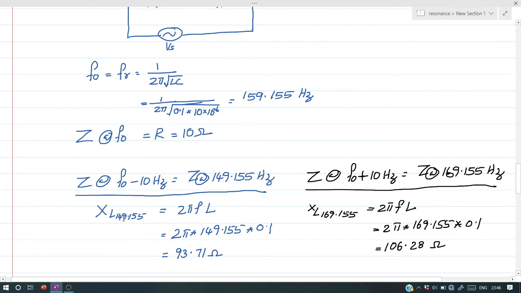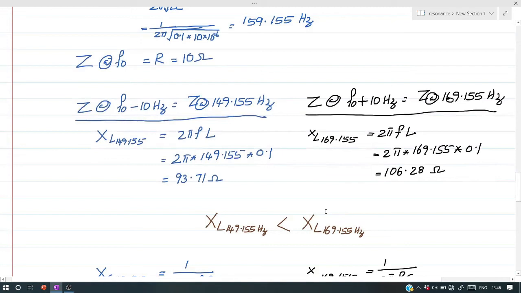And the corresponding value just after resonance frequency, at 169.155 Hertz, is 106.28 ohm. From here, it can be seen that inductive reactance at a frequency less than the resonance frequency is less than the inductive reactance at a frequency higher than the resonance frequency.